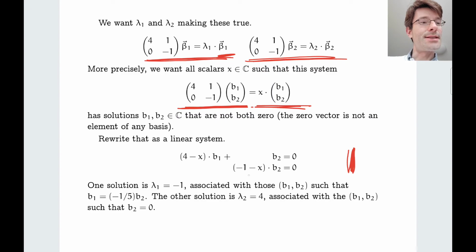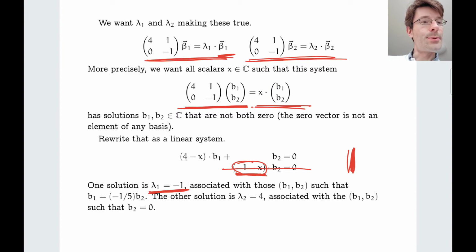One way of doing it is to produce a zero here. This would be choosing x equals -1. This might be then lambda 1 equals -1. Because then here we have 0, and then 0 times b2 equals 0, so that's 0 equals 0, we can just omit it.